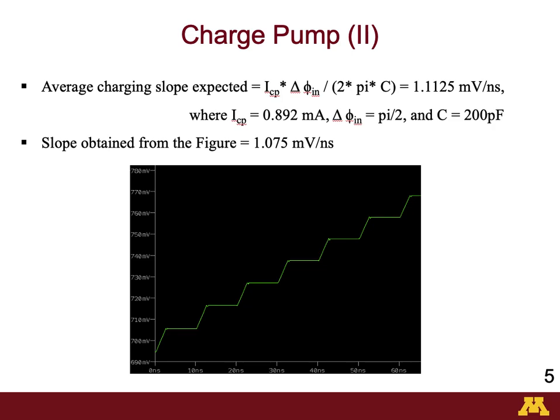We have calculated this slope from this equation to be 1.1125 millivolts per nanosecond, while the slope we measured from the actual plot shown in this slide is 1.075 millivolt per nanosecond. So they are almost equal. Similarly, I have verified that during the discharging operation, the downward slope is also equal to what we expect from our equation and calculations.